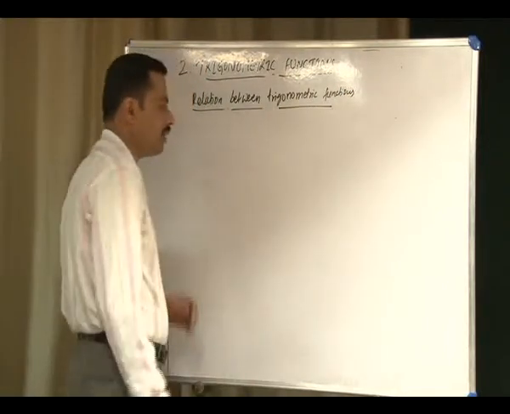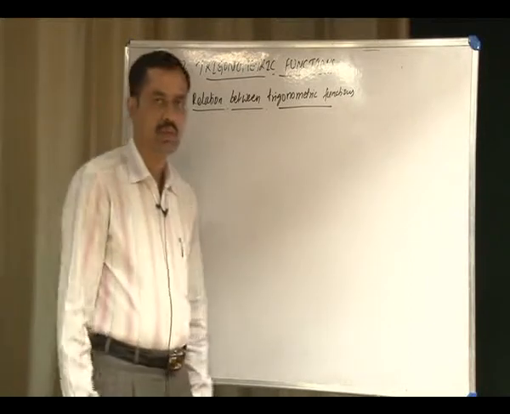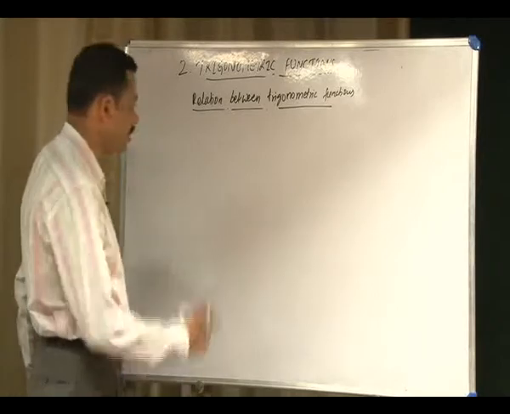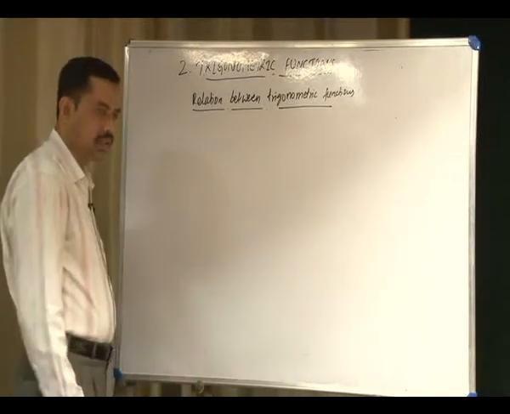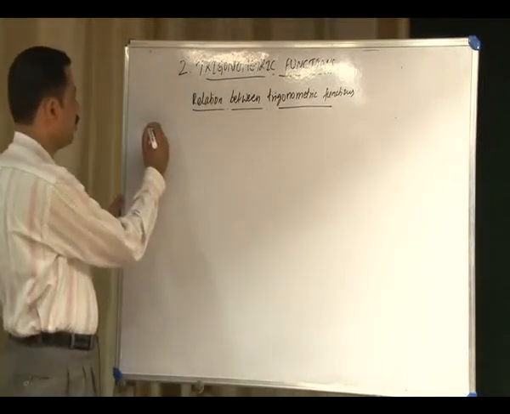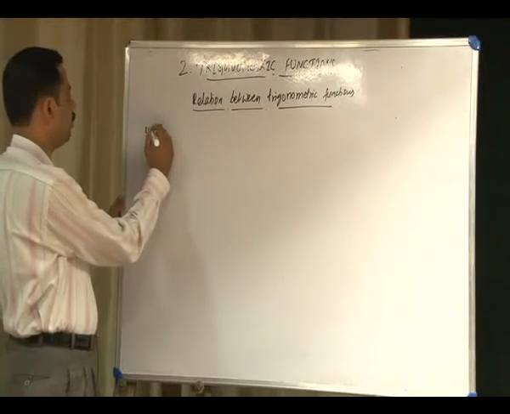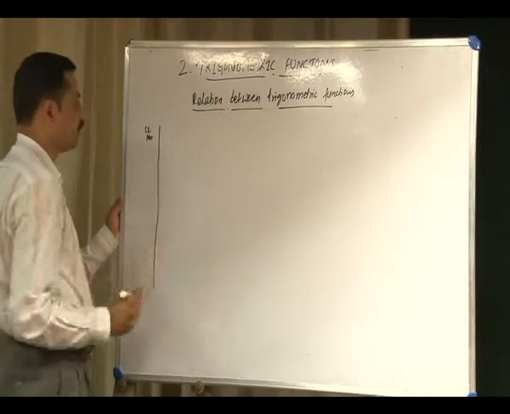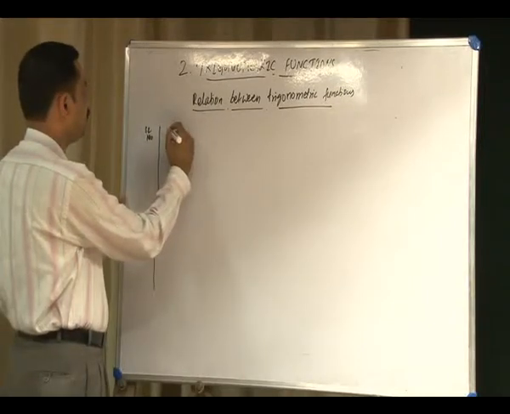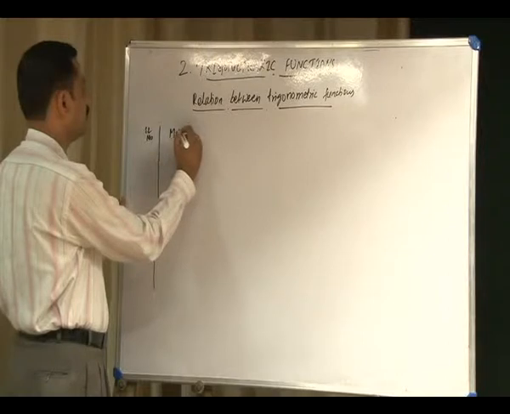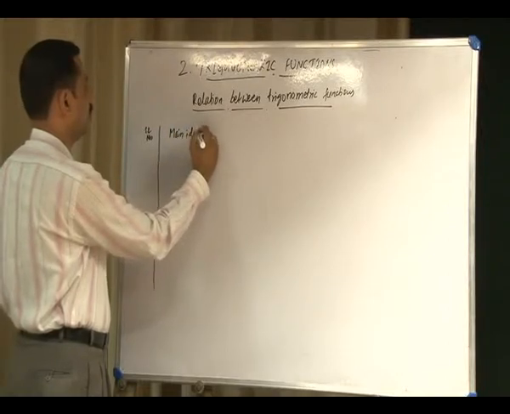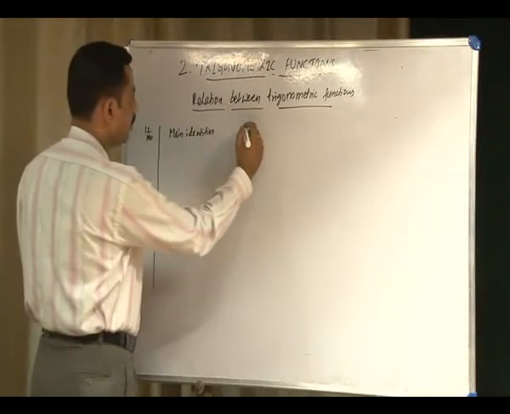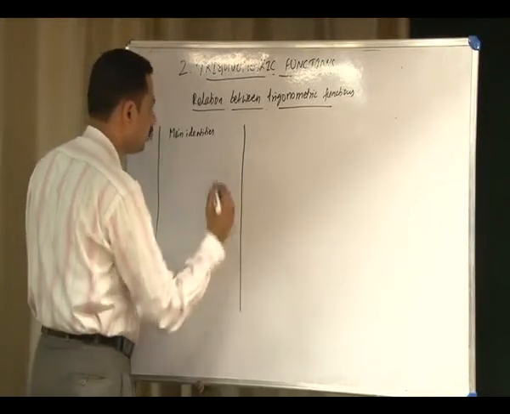Relation between trigonometric functions. In this we get a total of 8 relations related to trigonometric functions. I will write that in the form of a table. First I will take serial number in the first column. In the next column I will write main identities, and in the next column I will write sub identities.